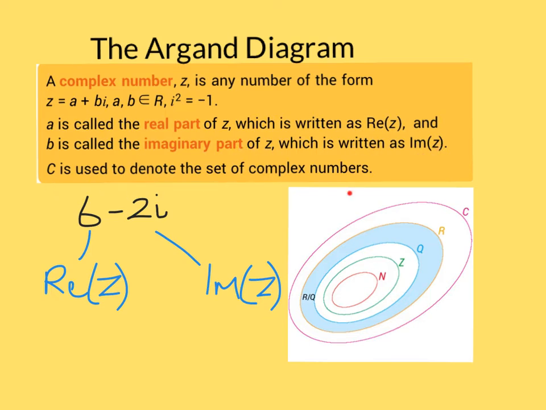C is just used to denote the set of complex numbers, so it's just outside the real number system. Complex numbers are written in this format, a plus bi. So the 6 is first, being the real part of the complex number, and then minus 2i is the second part, which is the imaginary part.